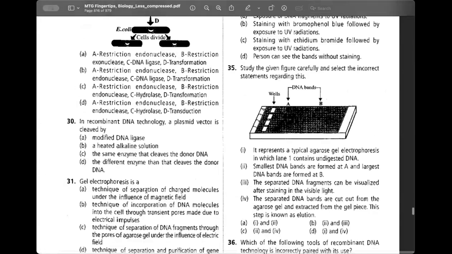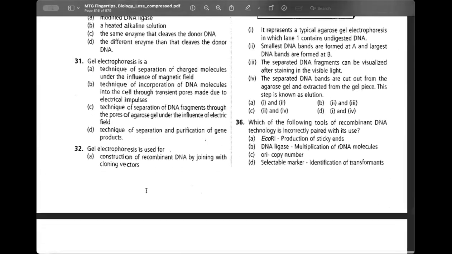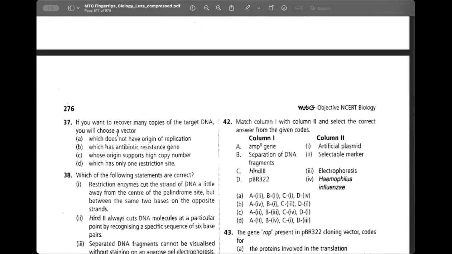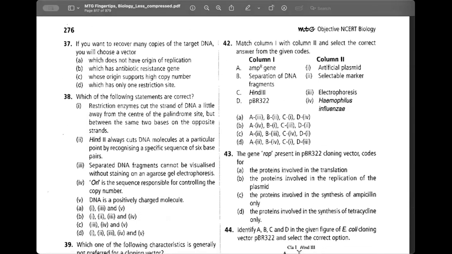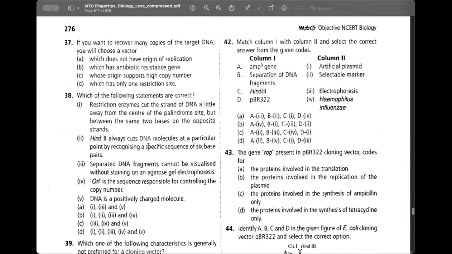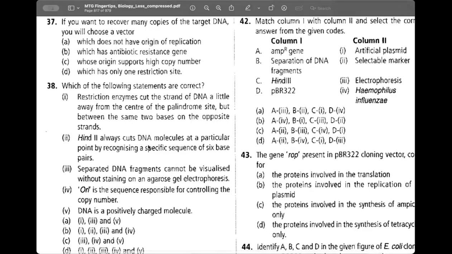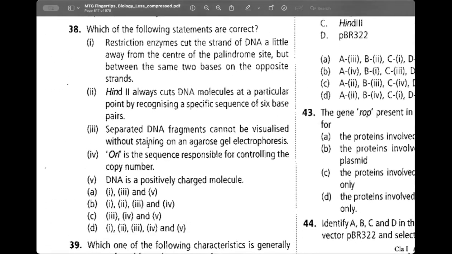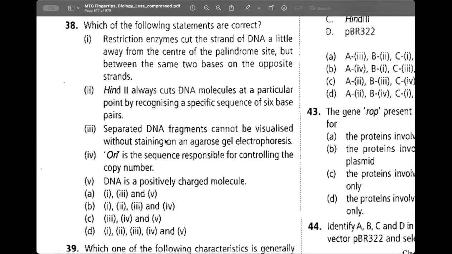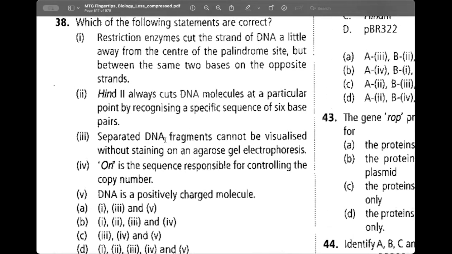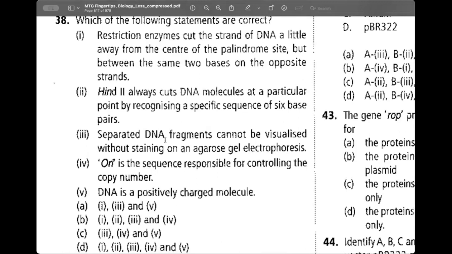So we'll try to go to some other concepts. Question 38. See, this chapter has a lot of concepts, right? So it's very easy to make questions from this chapter. Pick up any concept, write some statements and ask whether it's true or false.